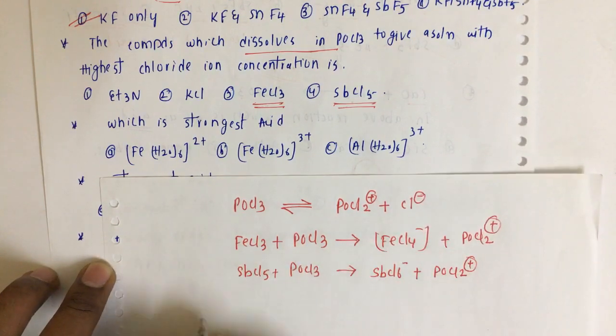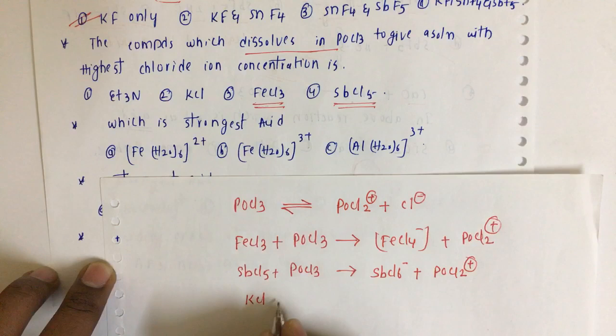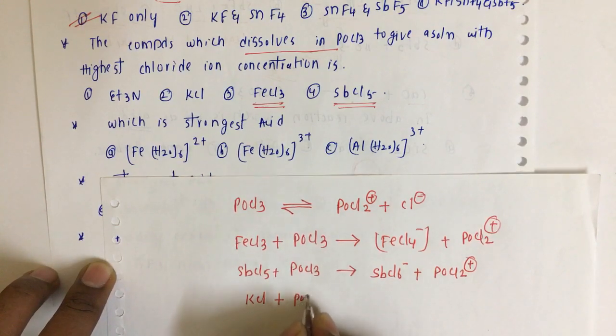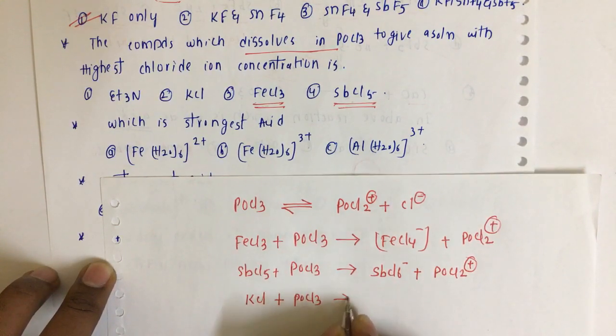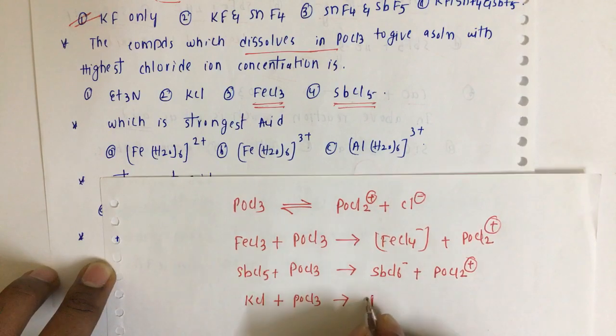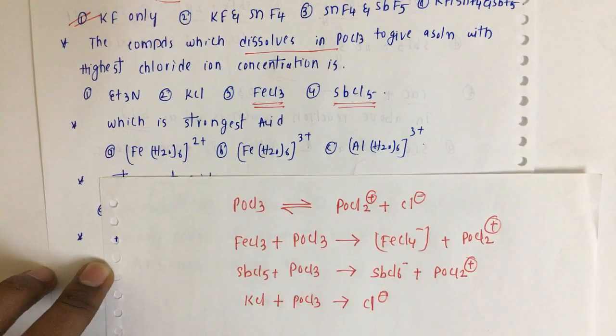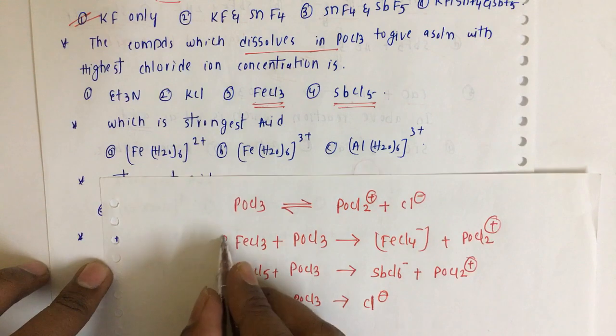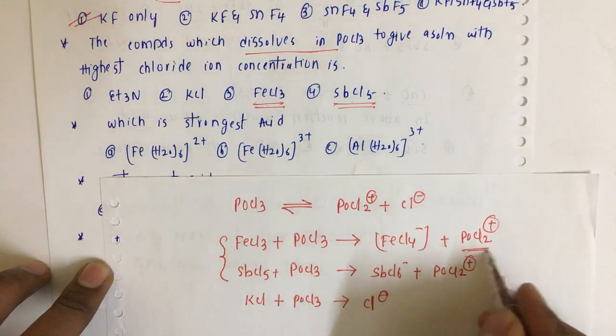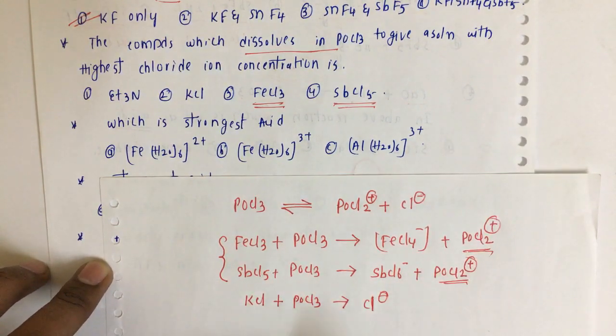Similarly, when you have KCl plus POCl3, it produces the Cl minus ion. So in these two cases we are getting POCl2 plus, which means these two are acids.